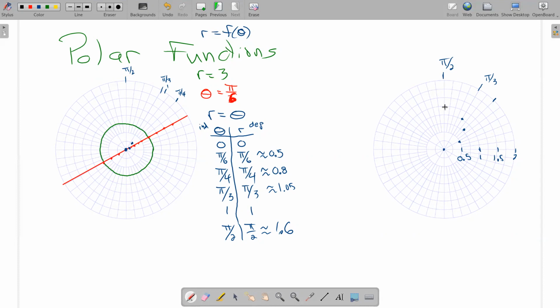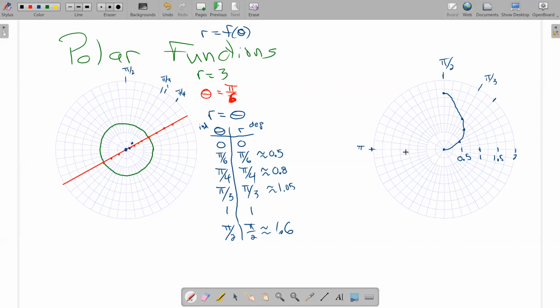And what did I say? That's about 1.6. So 1.5 is this circle, 1.6 is going to be around there. And if I start connecting these dots here, what I'm going to see is they are spiraling outward. And think about it, r gets bigger as theta gets bigger. So at pi, which is out here, pi is about 3.